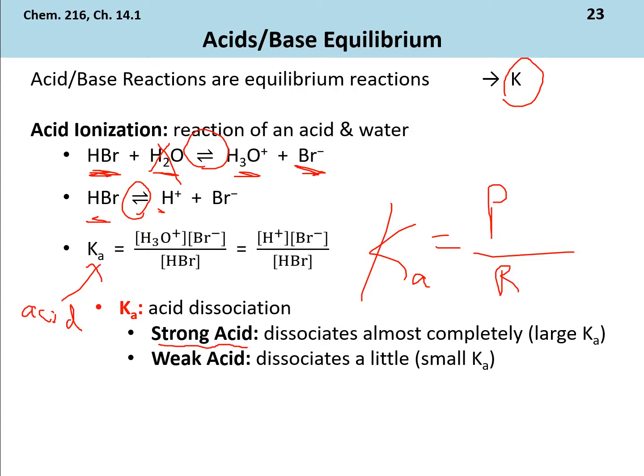It dissociates almost completely to form products. It has a large Ka. A weak acid is one with a very small Ka, and it forms H+ only a very little bit. So we have strong acids and weak acids based on their Ka.